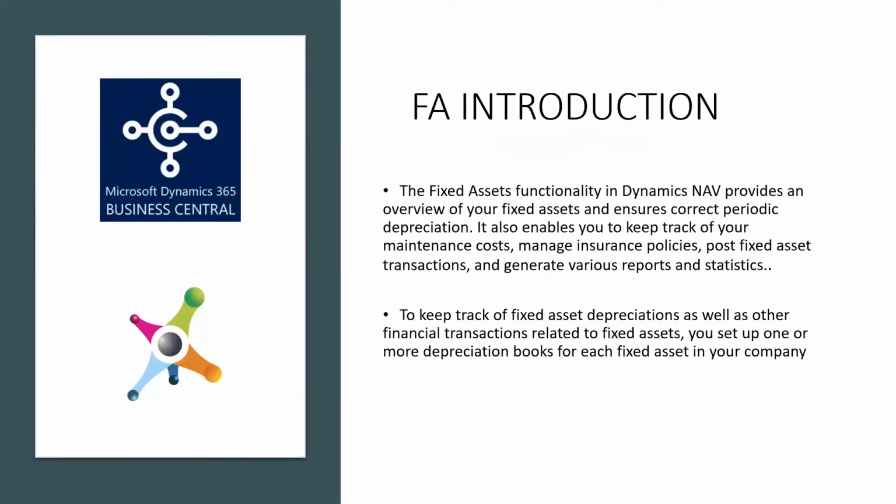As an introduction, what do we do with fixed assets? NAV Business Central provides an overview of your fixed assets to ensure correct periodic depreciation. It also enables you to keep track of your maintenance costs if you have machinery specifically, manage insurance policies whenever you want to have them for any of your assets, and review the charges or expenses per asset.